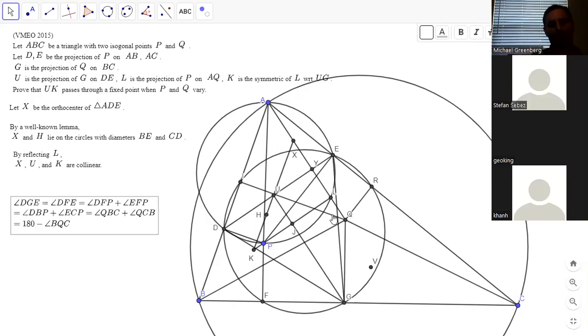So yeah, I see why X, U, and K are collinear. Is it easy to show that U lies on the circles with diameters BE and CD?